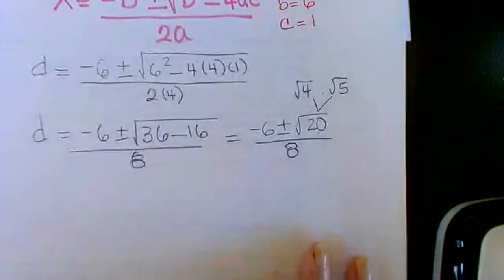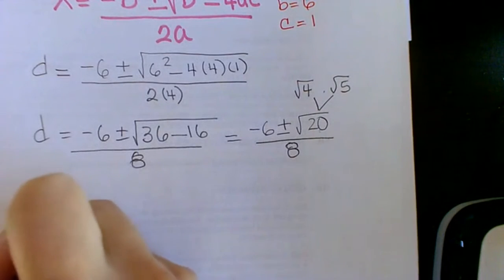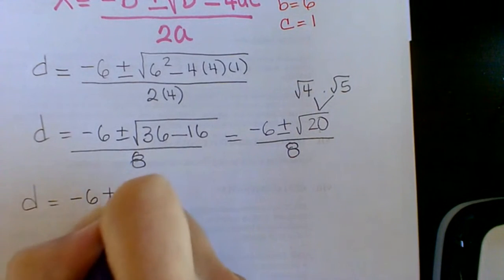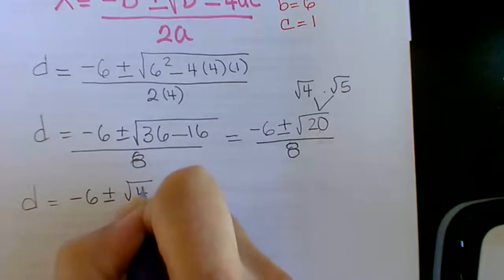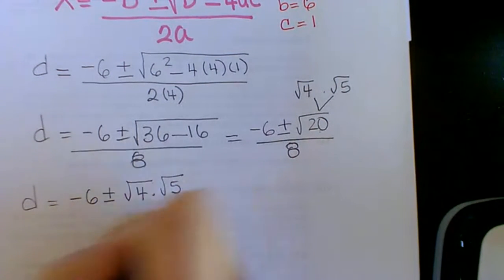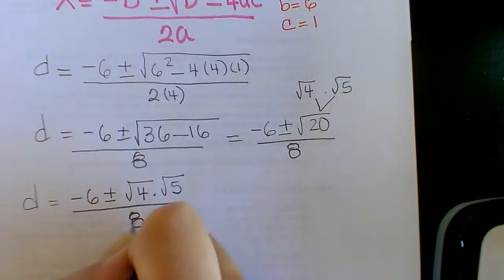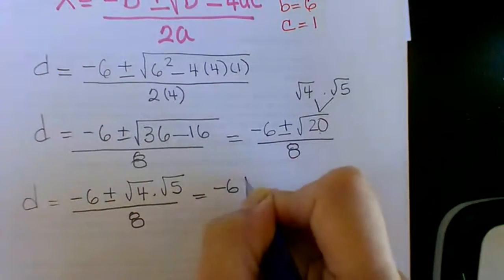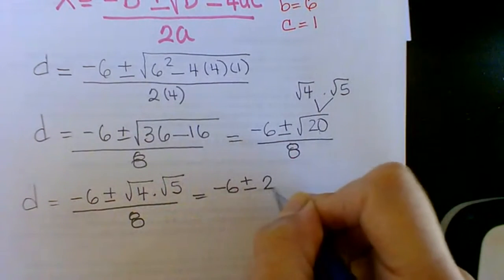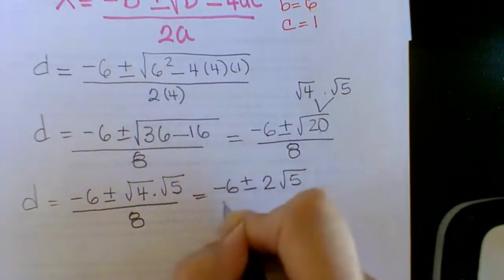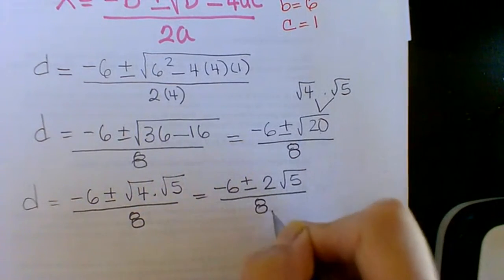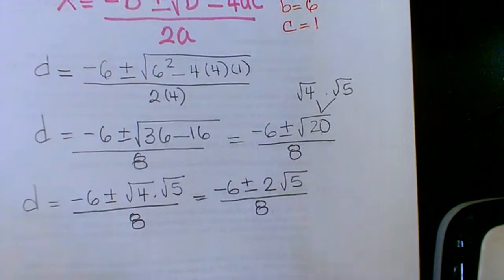So let's do that. We have the square root of 4 times the square root of 5 divided by 8. So this is equal to, the square root of 4 is 2, 2 square root of 5 divided by 8.